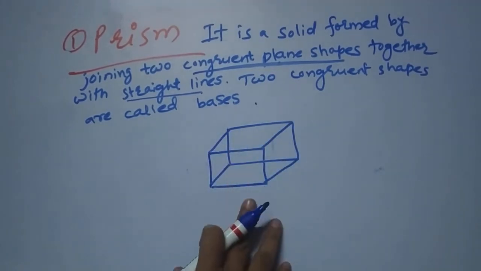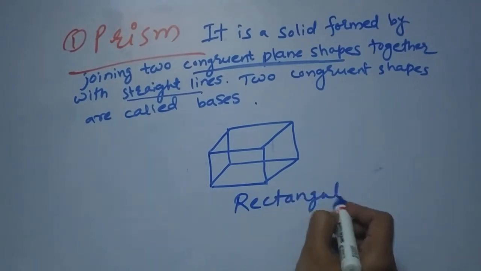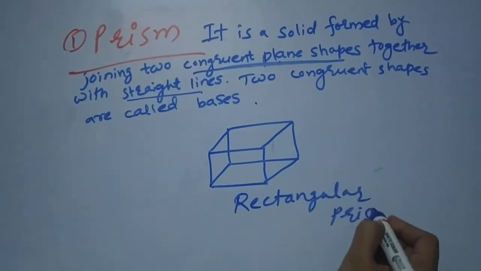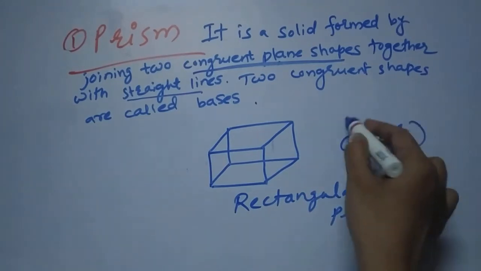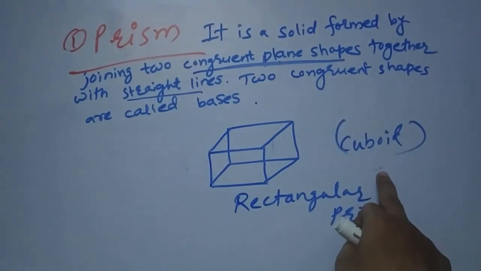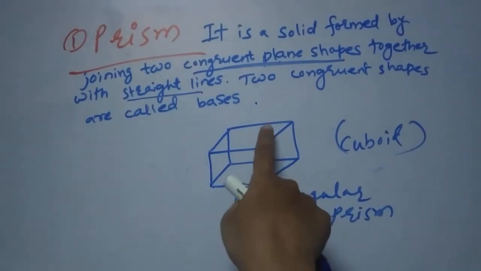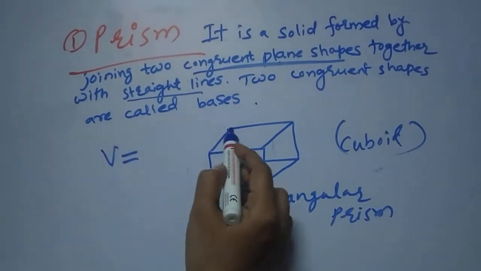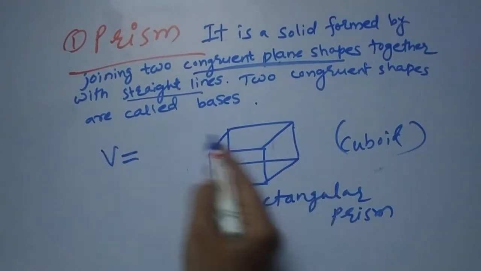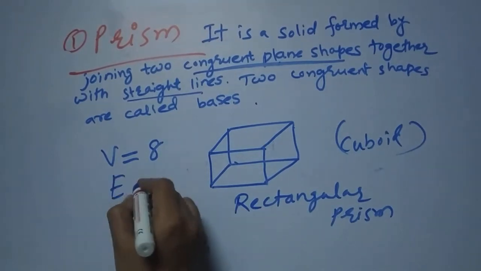The figure which you got here is a rectangular prism. The general name is cuboid. We know it by the name of cuboid, but actually it is a rectangular prism. Its faces are rectangles. Its vertices are 1, 2, 3, 4, 5, 6, 7, 8, in total 8 vertices. Its edges, if you count these lines, are 12.